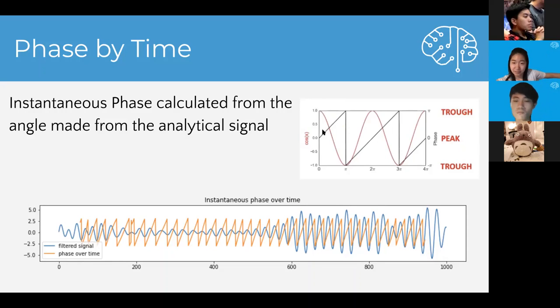So if cosine of x is 1, cosine of 0, which is the x value of wherever this ray is, the angle is 0. And then if you continue doing that, you get the phase at whatever location the x value is for cosine.